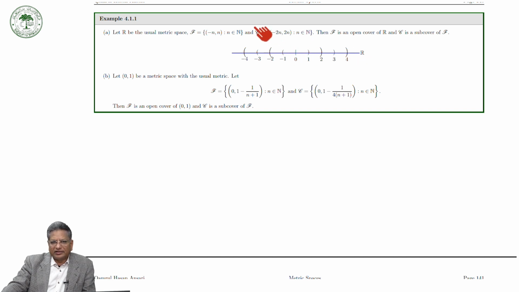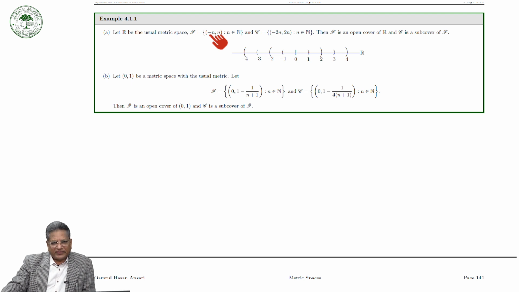It means that this subfamily C of the family F also covers R. So C is a subcover of the cover F, and because the elements of this family are open sets, this is an open subcover and F is an open cover of R.